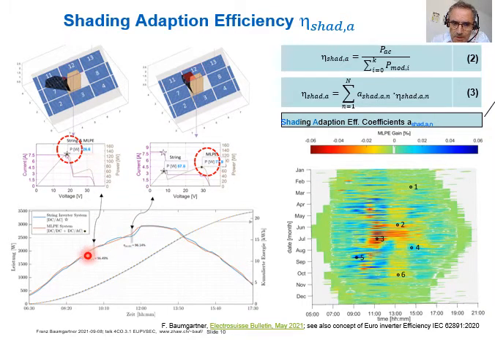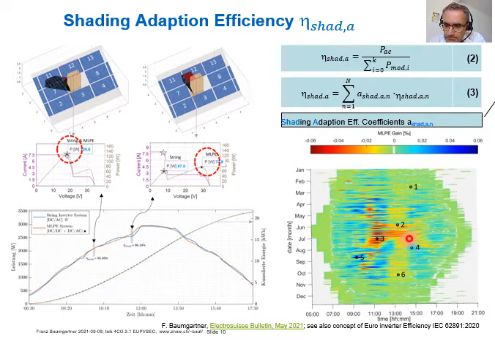So because that is changing over the minutes and hours during the day, we did this mapping in the right side of the graph here, and there you see the difference between the performance of the MLPE systems relative to the standard string inverter.